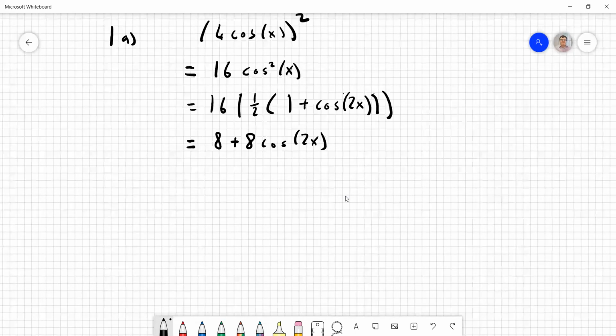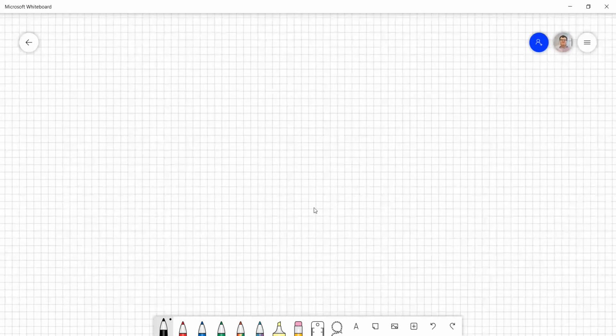Moving on to question B. This time we have 25 sine 4x all squared. And so we take the exact same approach as before. We're going to square the term in the brackets first.